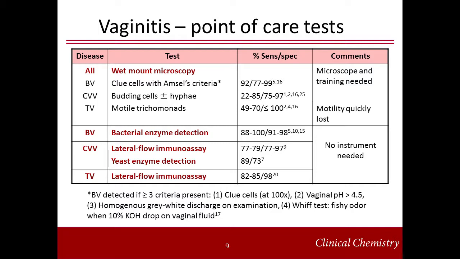The test for bacterial vaginosis seems to be comparable to Amsel's method in terms of diagnostic accuracy, and the ones for Candida vulvovaginitis and Trichomonas vaginitis seem promising. The availability of these tests varies between countries.